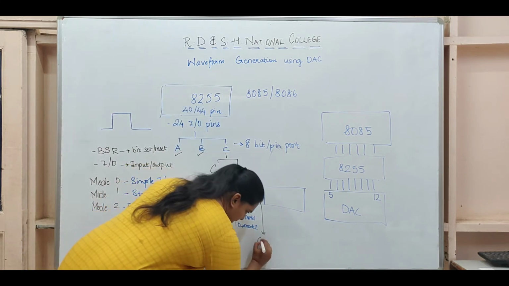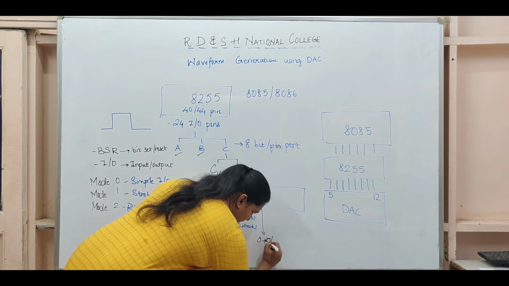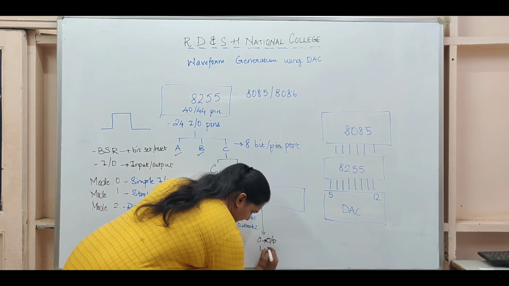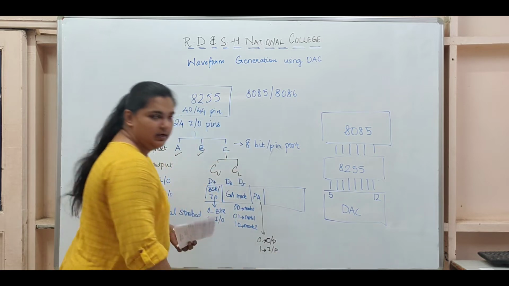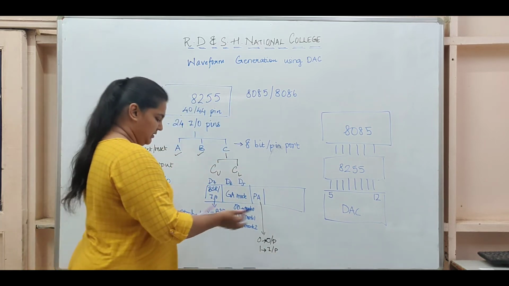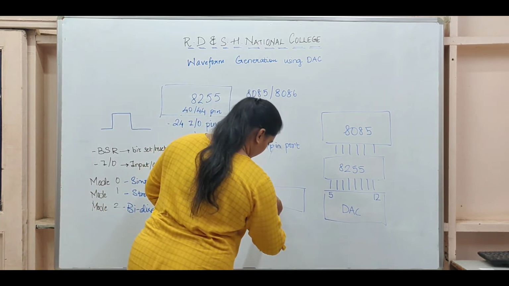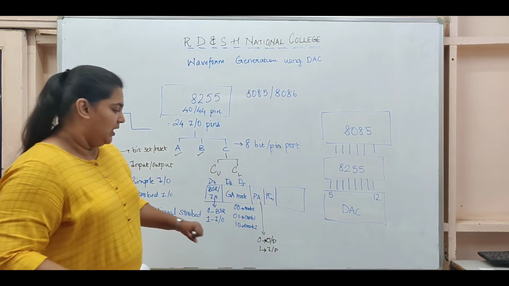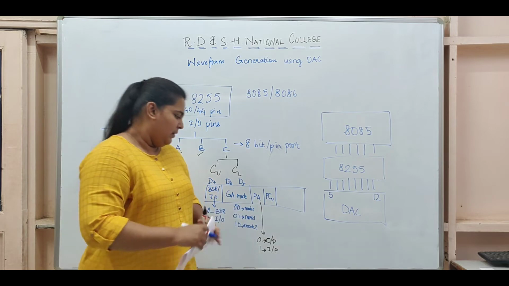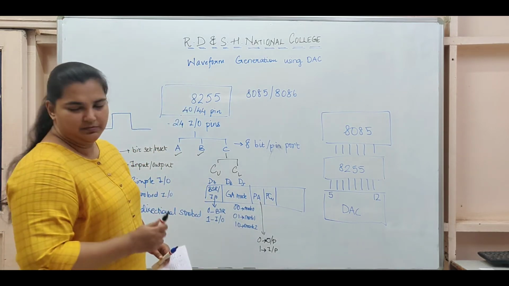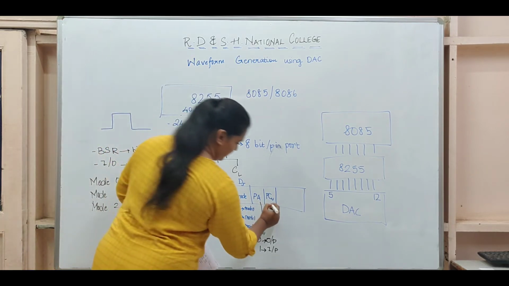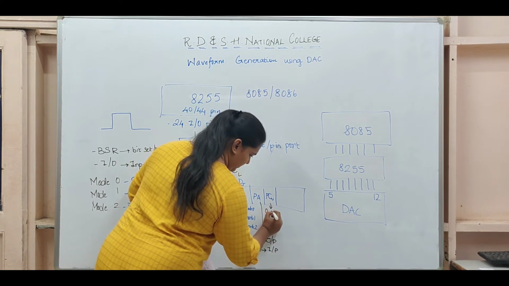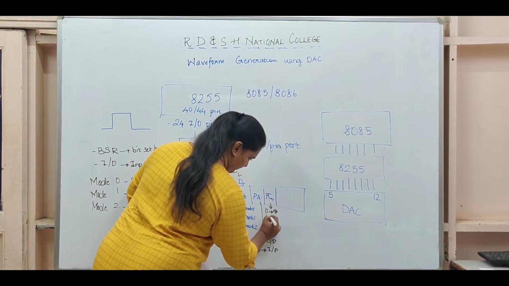If this is 0, 8085 will give output. If this is 1, 8085 will take input. The next is PCU. This functions in a similar way. If this is 0, port C upper will work as output, and if it is 1, it will work as input.